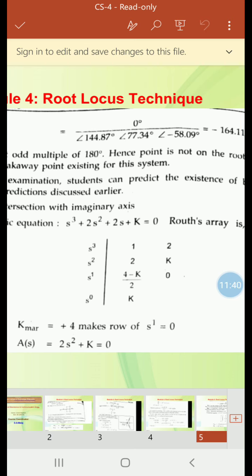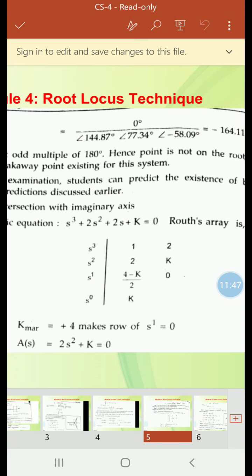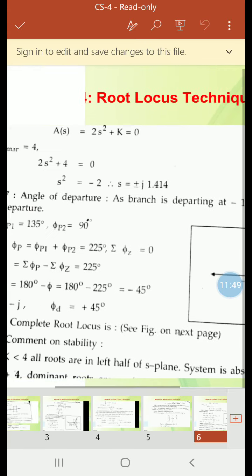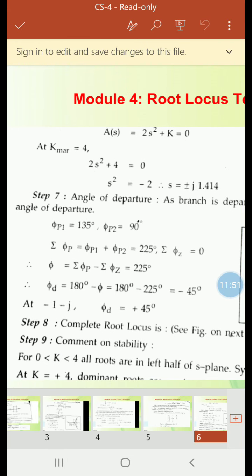So at k marginal, 2s squared plus 4 becomes equal to 0. So s squared is equal to minus 2, so s will be equal to plus or minus j 1.414.